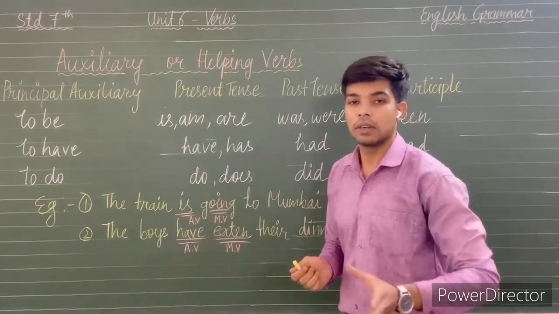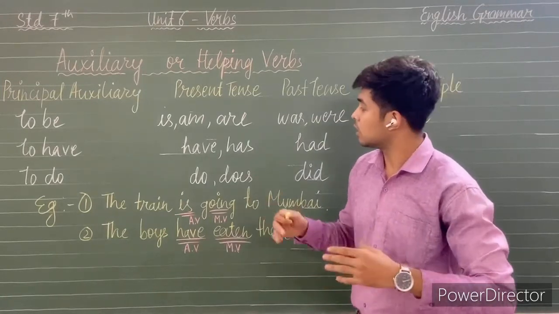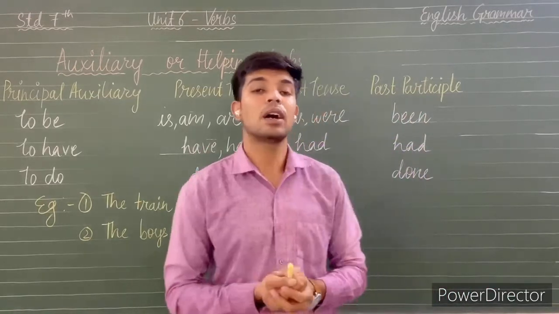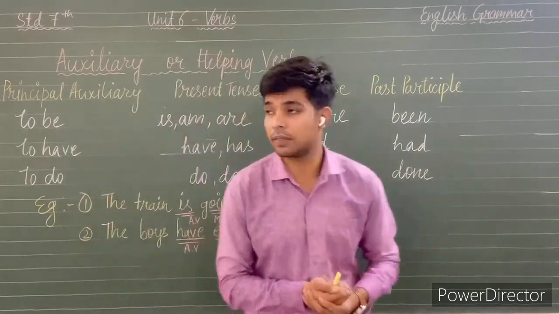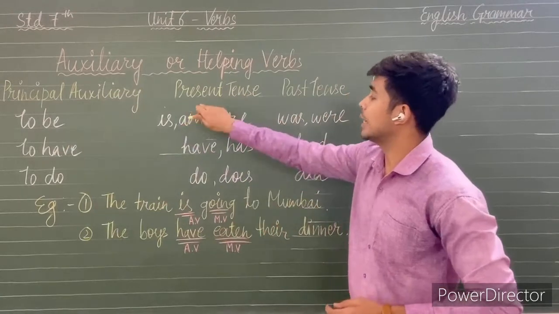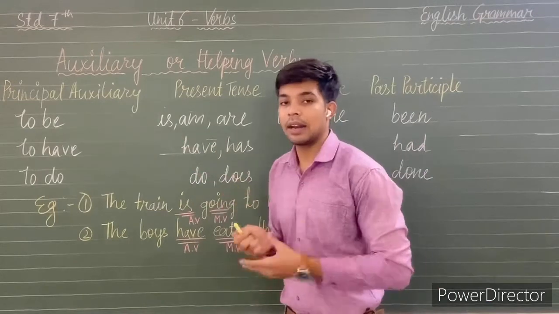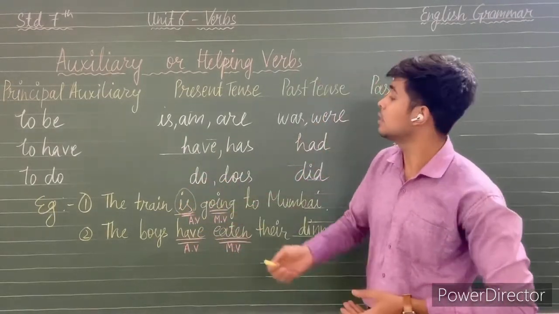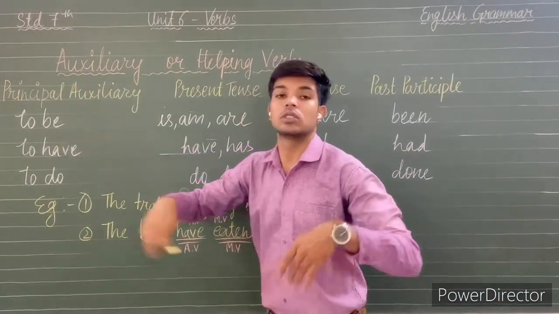These are further converted into different words so that they may be used in the other kinds of sentences with the other tenses. So first of all, to be: when it is coming in the present tense, it becomes is, am or are as a helping verb. So is here was acting as a form of the principal auxiliary, that was to be.